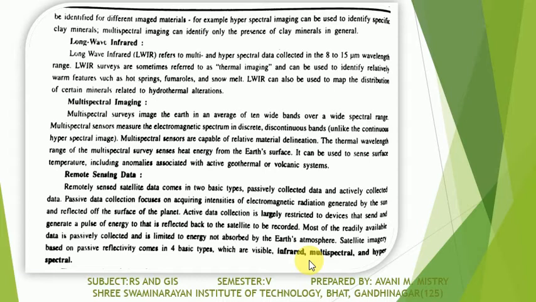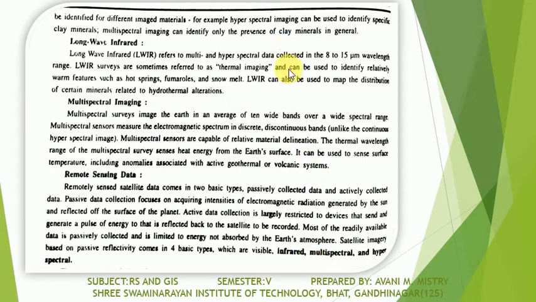Active data collection is largely restricted to devices that generate and send pulses of energy that are reflected back to the satellite to be recorded. Most of the readily available data is passively collected and is limited to energy not absorbed by the Earth's atmosphere. Satellite imagery based on passive reflectivity comes in four basic types, which are visible, infrared, multispectral and hyperspectral.